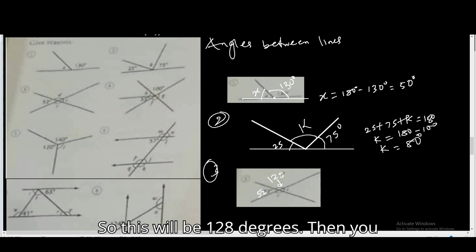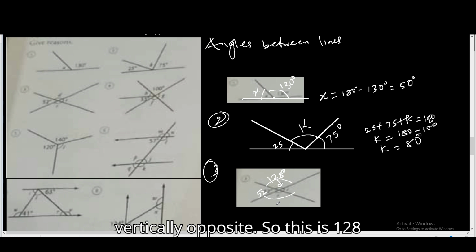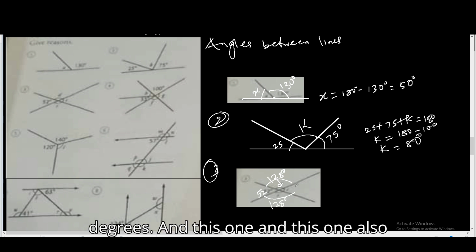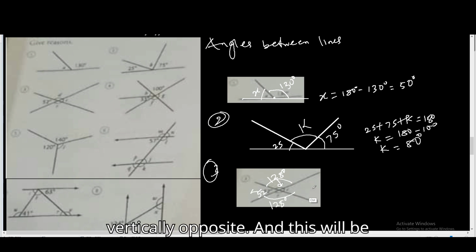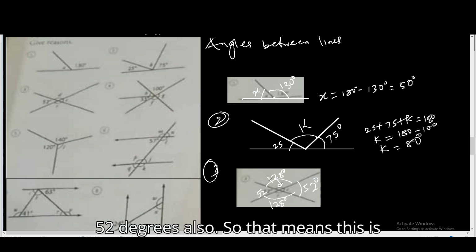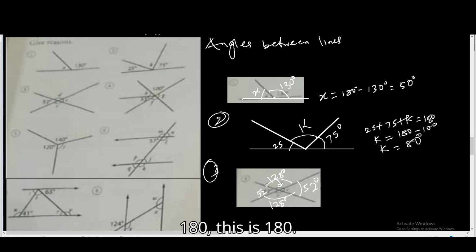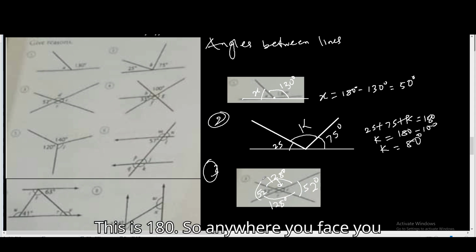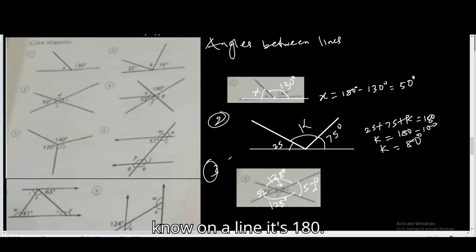So this will be 128 degrees. Then you can see this angle and this angle are vertically opposite. So this is 128 degrees. And this one and this one are also vertically opposite. And this will be 52 degrees also. So that means this is 180, this is 180, this is 180. So anywhere you face, on a line, it's 180.